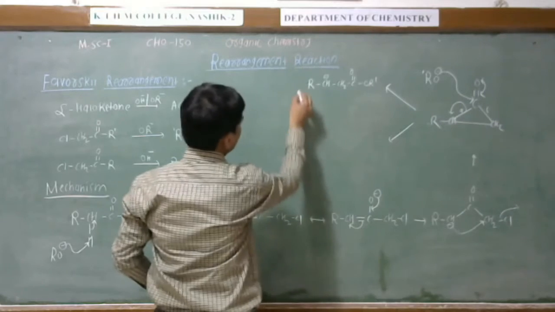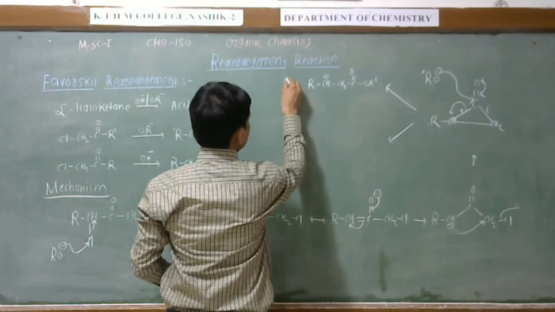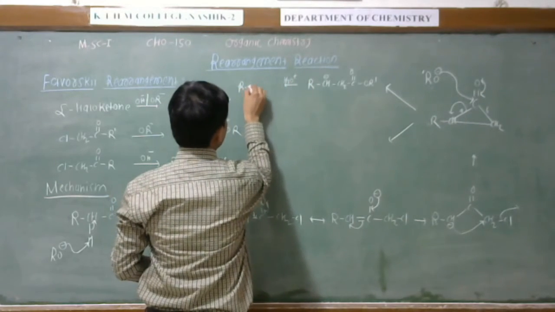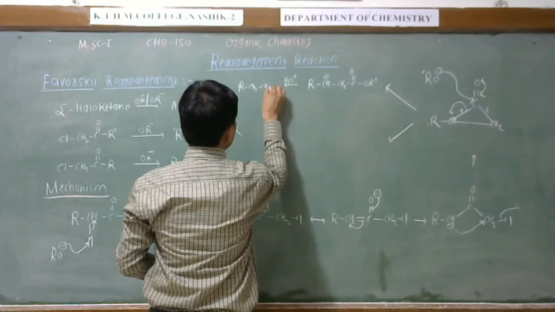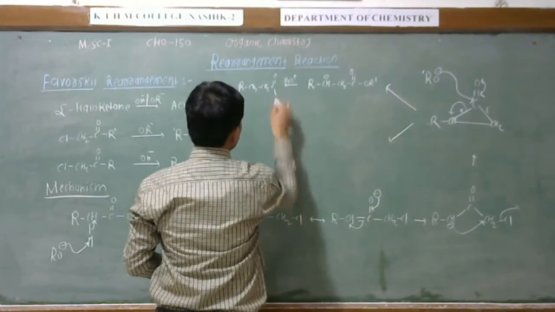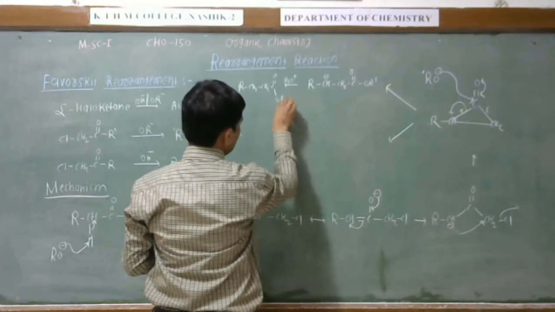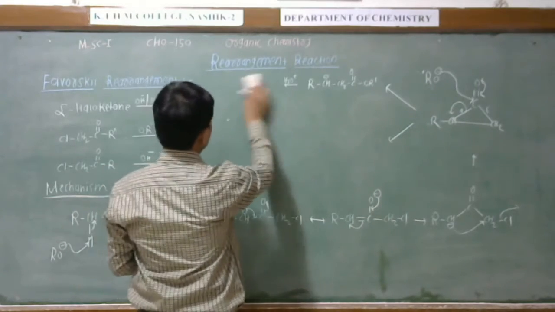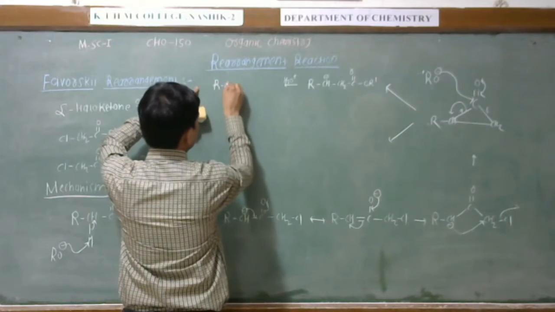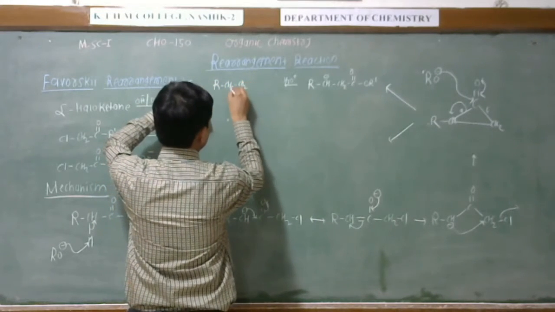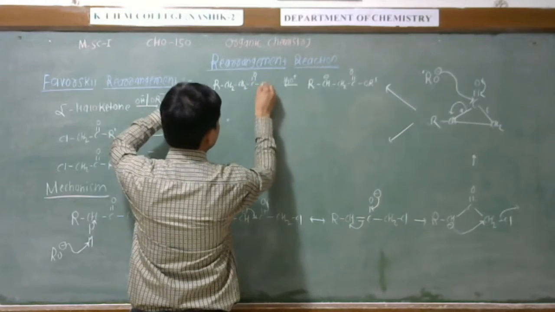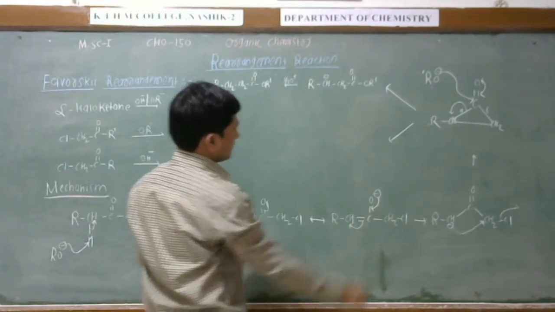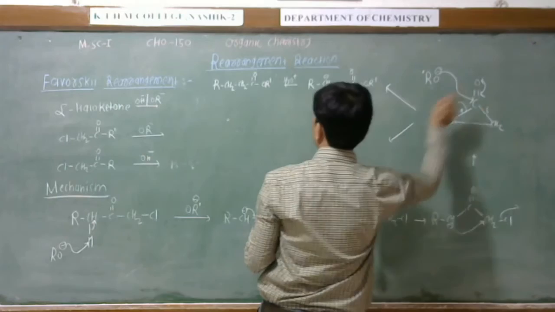After acidic protonation, with H3O plus as the next step, there will be formation of R, CH2, CH2, C double bond O, and this is the OR dash here. So this is the ester, not acid.